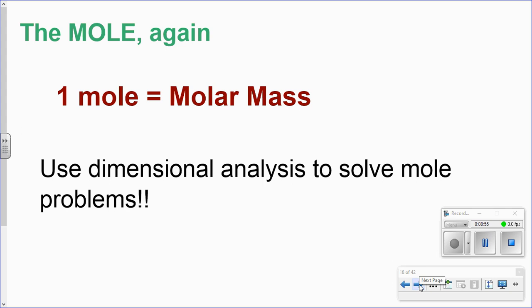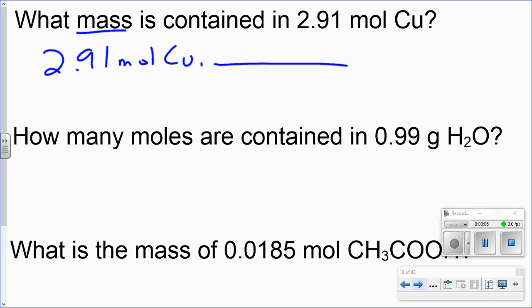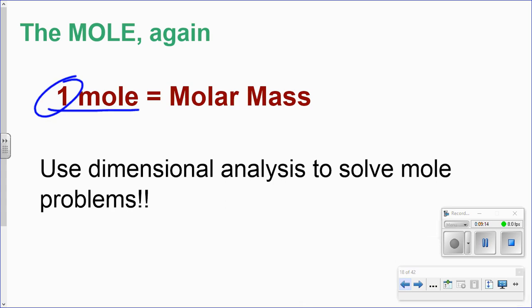What I mean by that is, if we solve some problems with this, write down what you know. If I have 2.91 moles of copper and it asks for the mass, that means I need a periodic table. If I have moles here, I have moles down here. Why is it 1 mole? Because that's what our conversion factor says: 1 mole is equal to molar mass. Where do we find molar mass? On the periodic table.